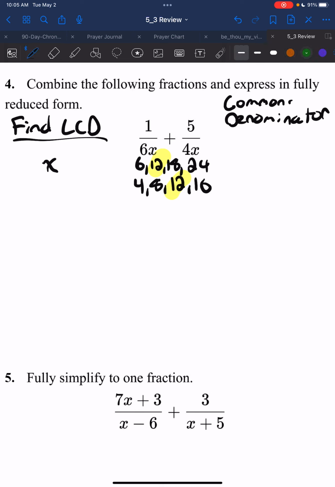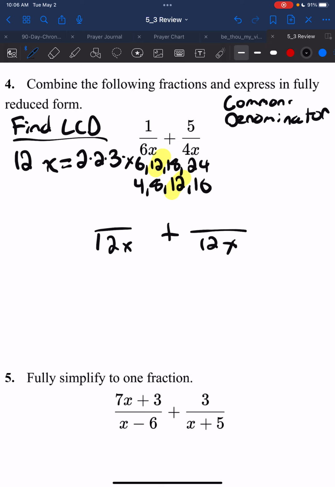So it's going to be 12x, which is made up of 2 times 2 times 3, okay? Times x. So when I break this apart, I know I'm going to have 12x for both of these. Okay, that's the whole point.